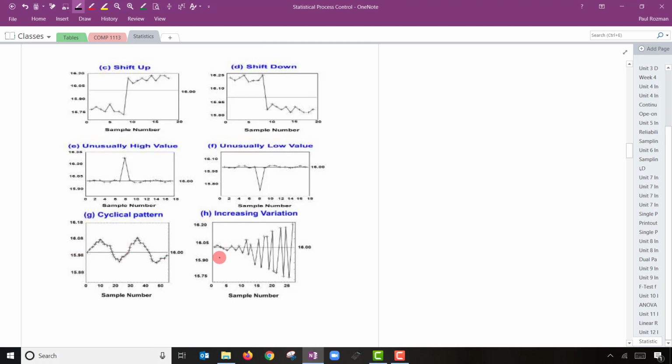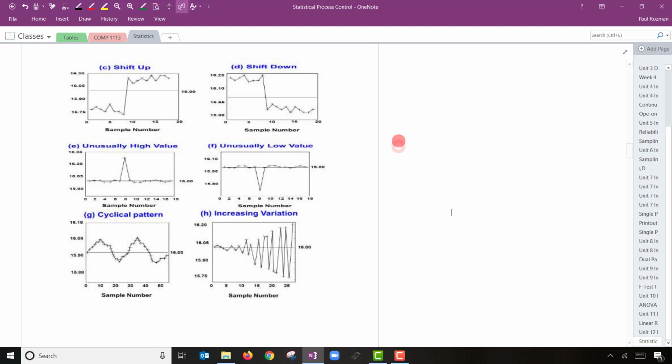And then there's the big one. You see this a lot of times. You start out doing great, and then over time, things just get worse and worse. You get more and more variation. That tends to happen because, for example, parts are wearing out, and you're not doing as consistent a job as things are wearing down.